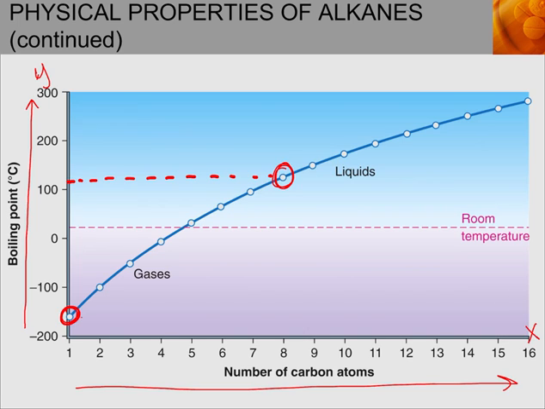Okay, and again, you can see this is a really nice curve here. So as you add more carbons and hydrogens onto your alkanes, the boiling point is going to increase. Additionally, the melting point will increase too.